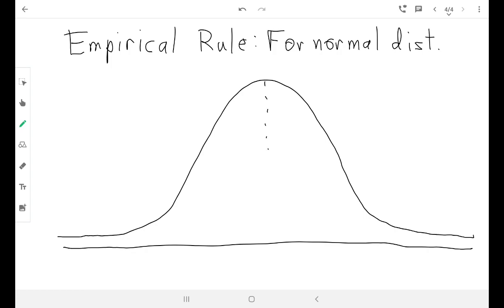So remember, I had these cuts before, and the middle cut is the mean data. And then we're going to have another cut, and it's going to happen right about here on both sides.